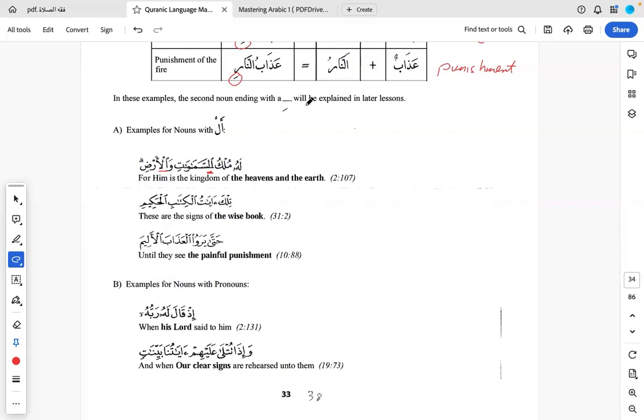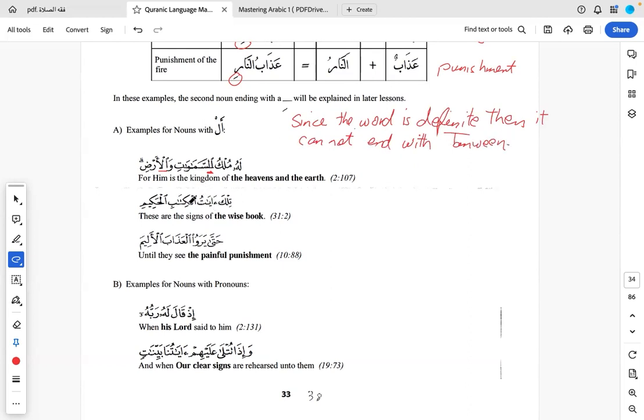Again, since the word is definite, it cannot end with tanween, as we are going to see now.